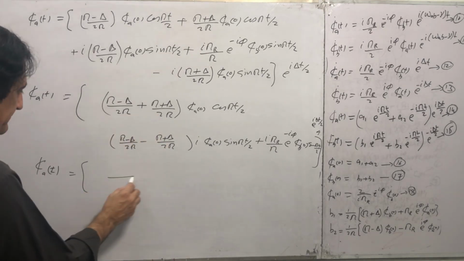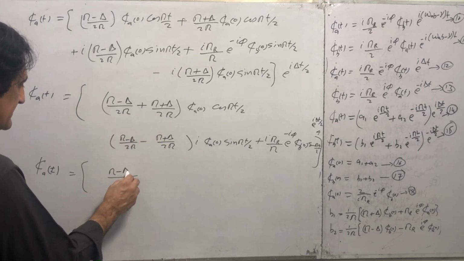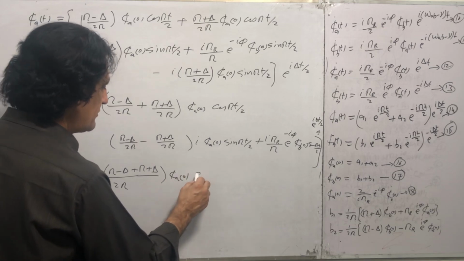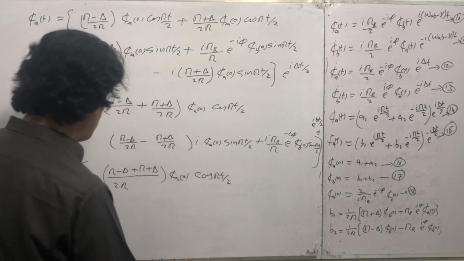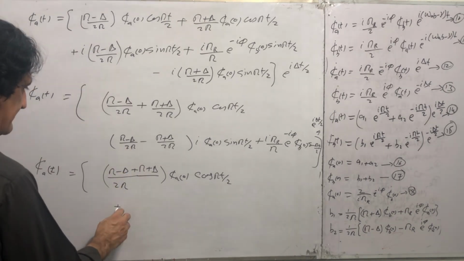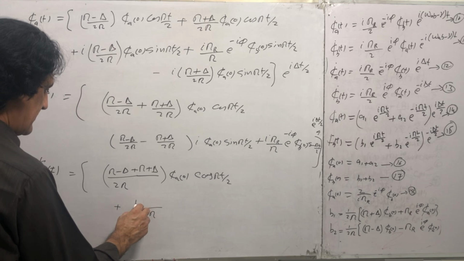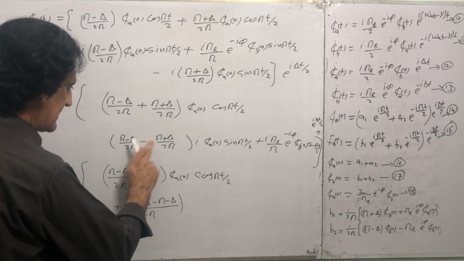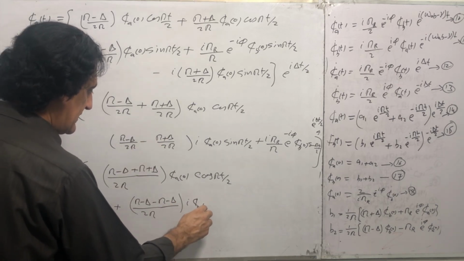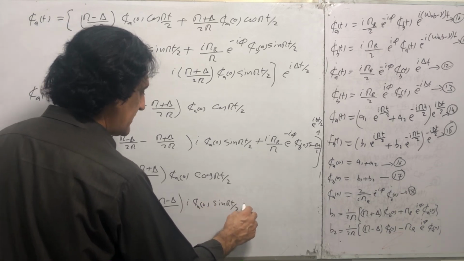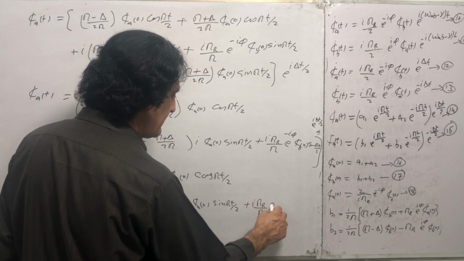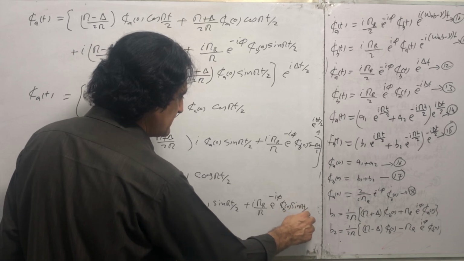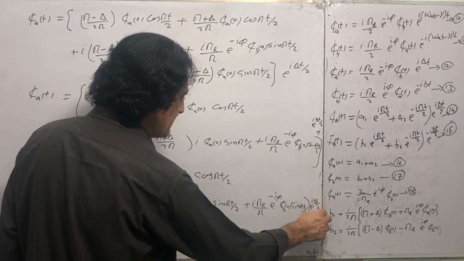Now take the LCM. 2ω is the LCM, then (ω − Δ) plus (ω + Δ) and C_A(0) cos(ωt) divided by 2, plus, taking the LCM here, (ω − Δ) minus (ω + Δ), because this sign will act, and C_A(0) sin(ωt) divided by 2, plus i Ω_R divided by ω, e to the power minus iφ, C_B(0) sin(ωt) divided by 2 and e to the power iΔt divided by 2.